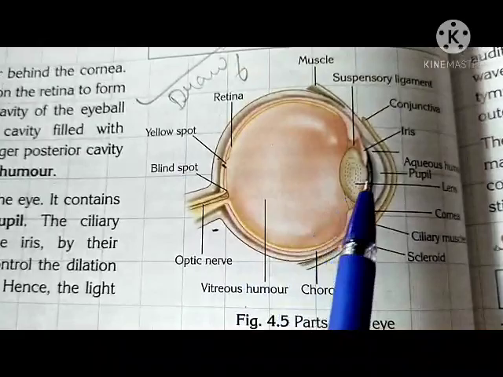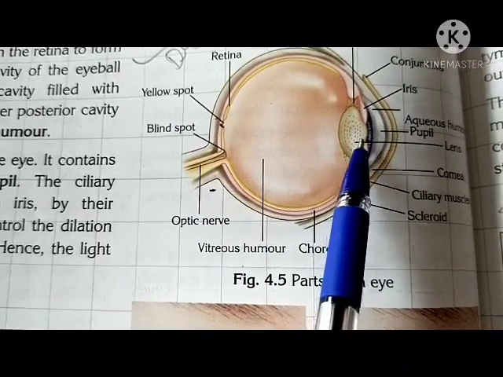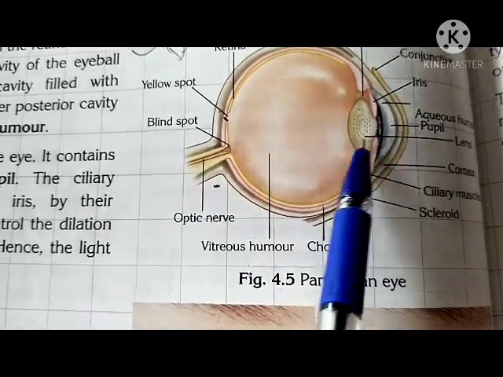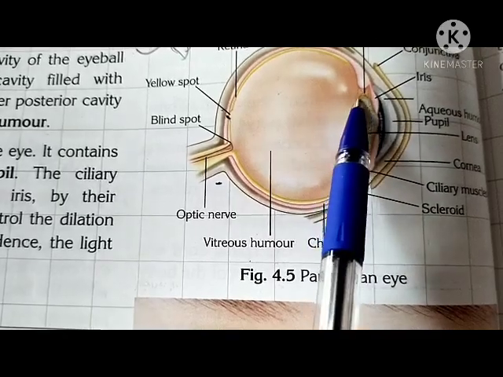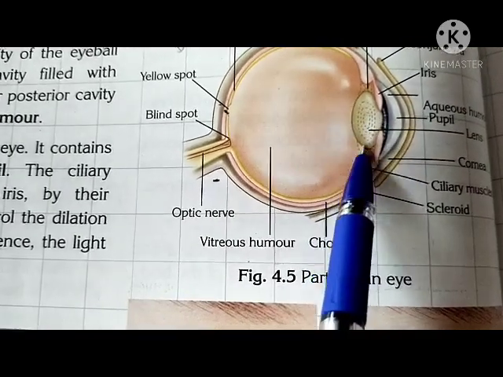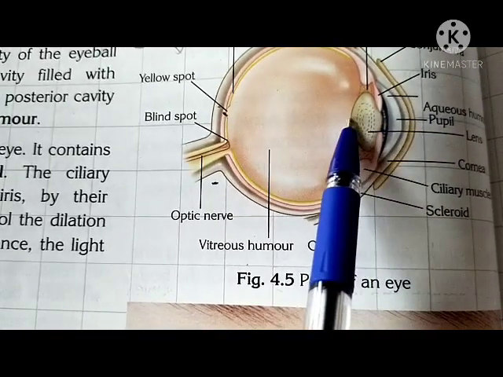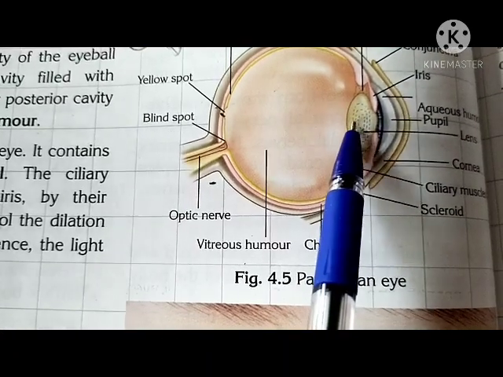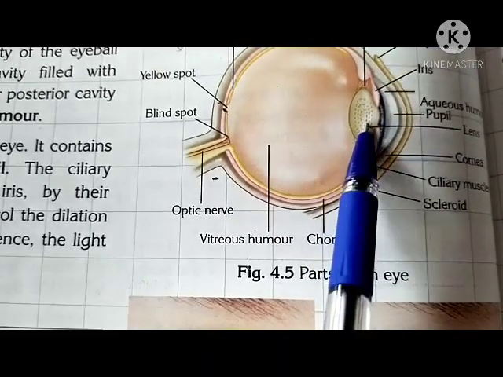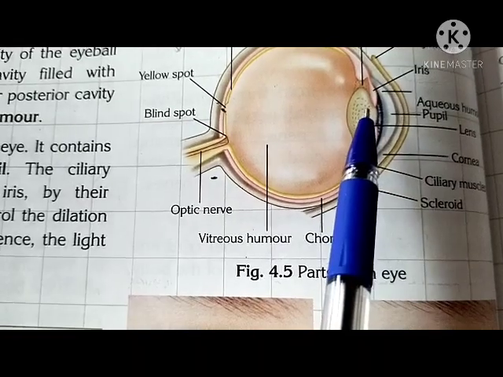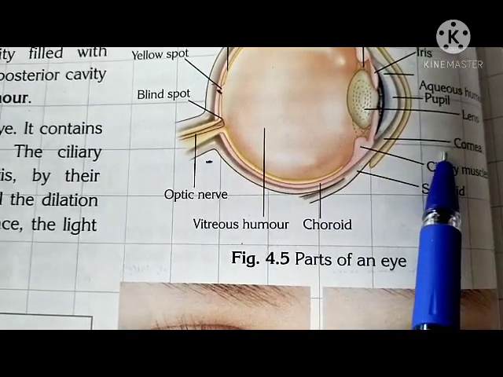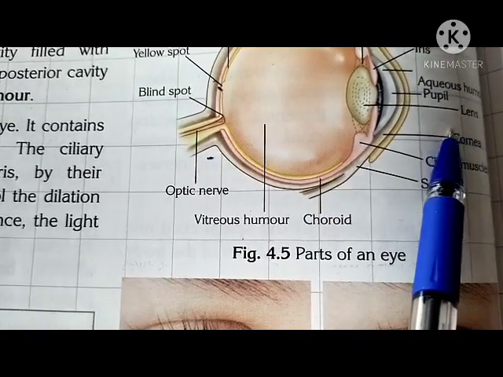Behind the pupil and behind the iris you can see the eye lens. The eye lens is responsible for the formation of image, the refraction of light. Now this is cornea, the transparent front part of the eye.